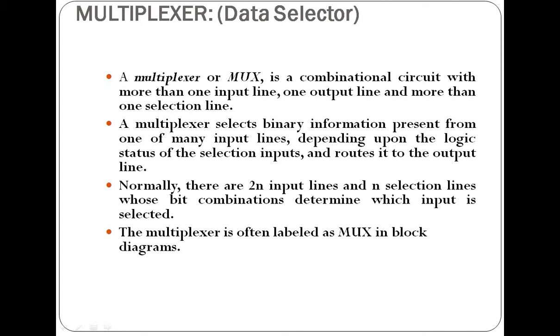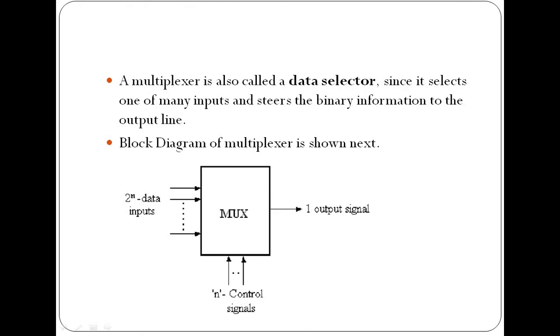Normally, there are 2^n input lines and n selection lines whose bit combinations will determine which input is selected. The block diagram of a multiplexer, or MUX, is shown here. You can see the data inputs and the output signal. Also, the control signals or select lines are present.